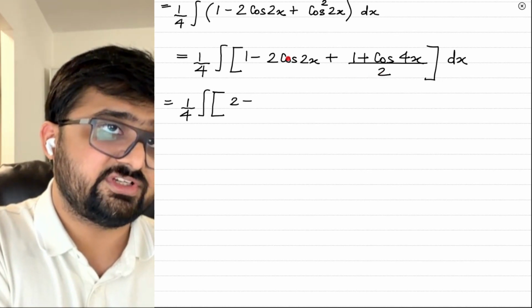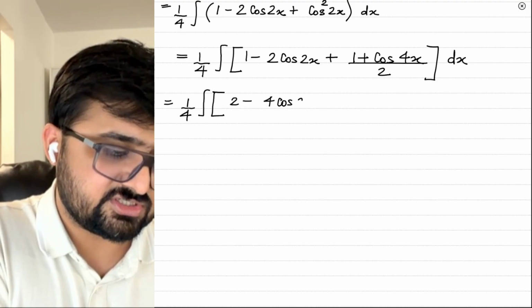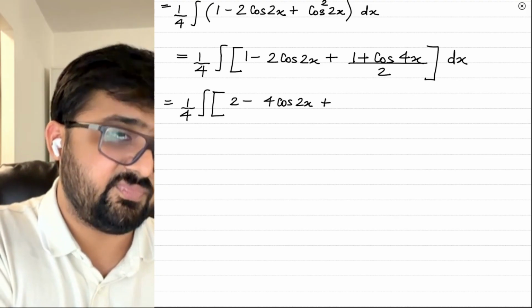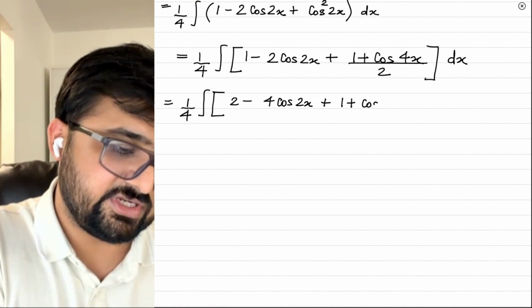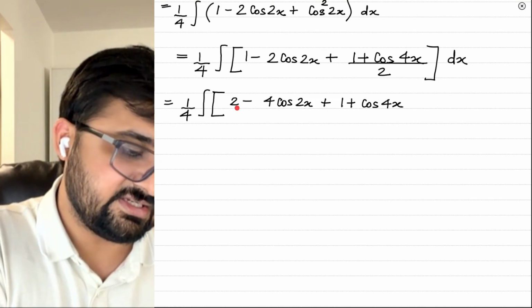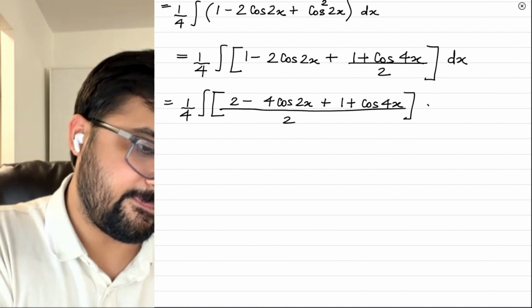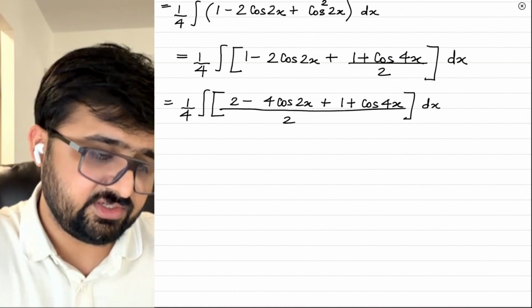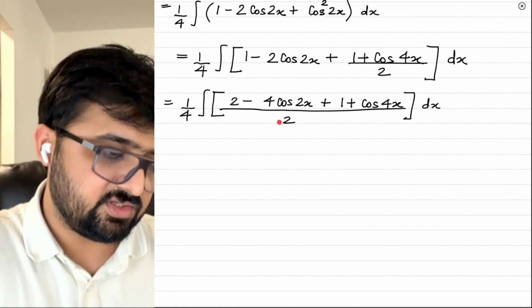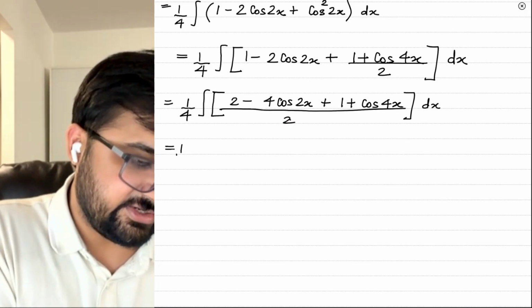Multiply this 2 over here, 2 times 2 cos 2x is 4 cos 2x, plus this term which is present, so 1 plus cos 4x, and the whole divided by 2, dx. Okay, it's just like taking LCM. So make the denominator common. Then this 2 and 4 will become 8 outside of integration.